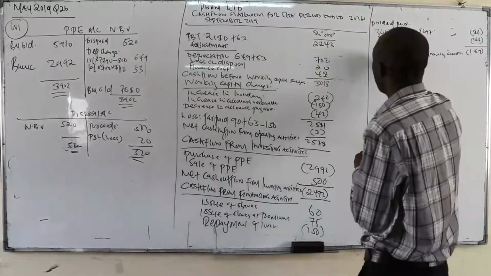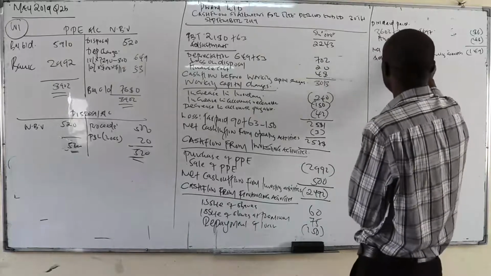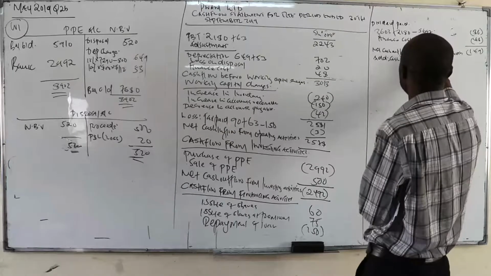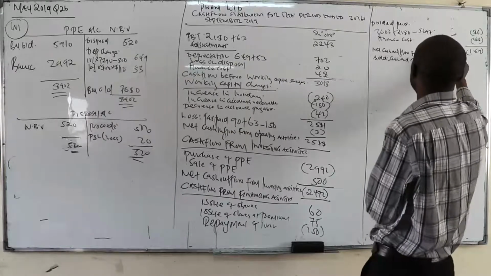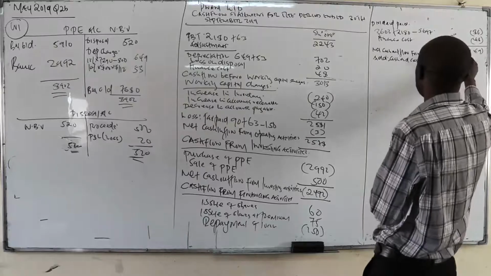And then you add cash and cash equivalent balance brought down, the cash and equivalent opening balance.